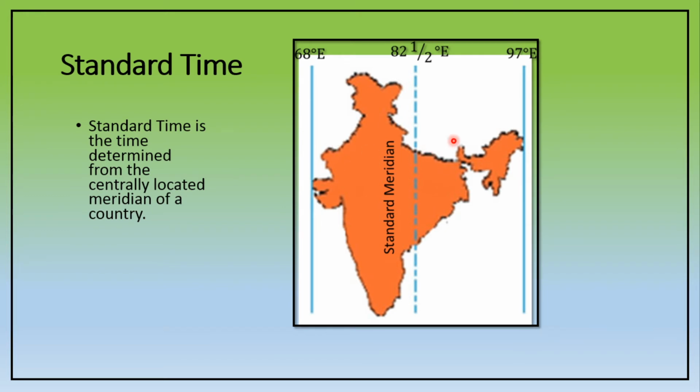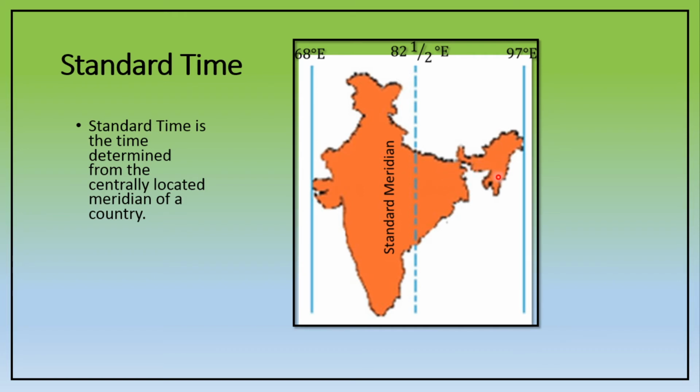This longitude, 82.5 degrees east, passes through the country right at the center. So whatever is the time on this longitude, the entire country follows the same time.